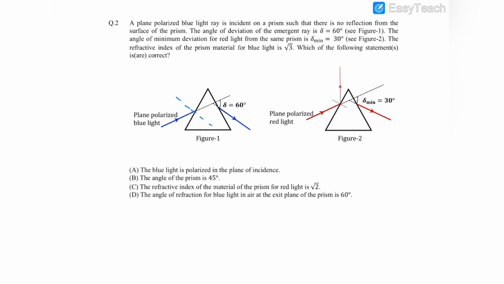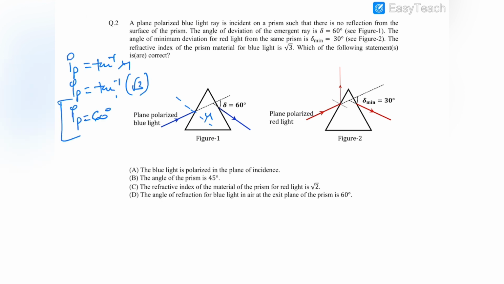Now it is given that the refractive index of the material of the prism for blue light is root 3, and we know that the polarizing angle is tan inverse mu, which is the Brewster angle, and mu is root 3. So iP would be equal to tan inverse root 3, and therefore iP is equal to 60 degrees.